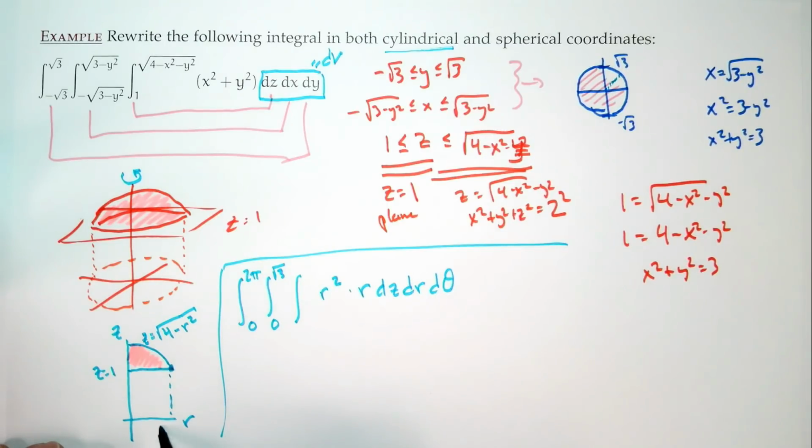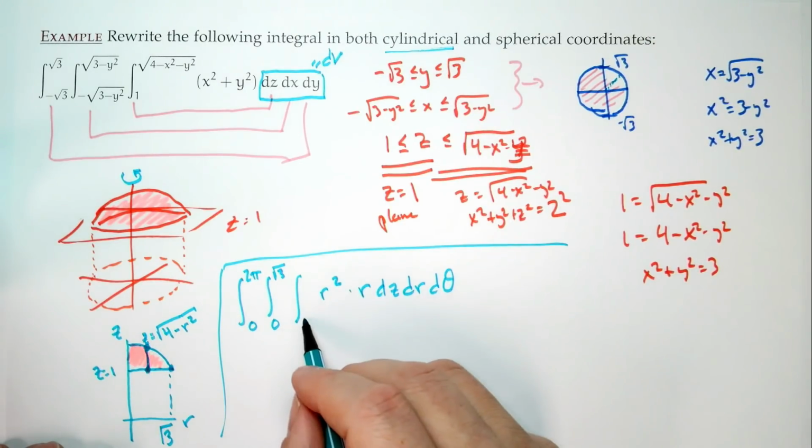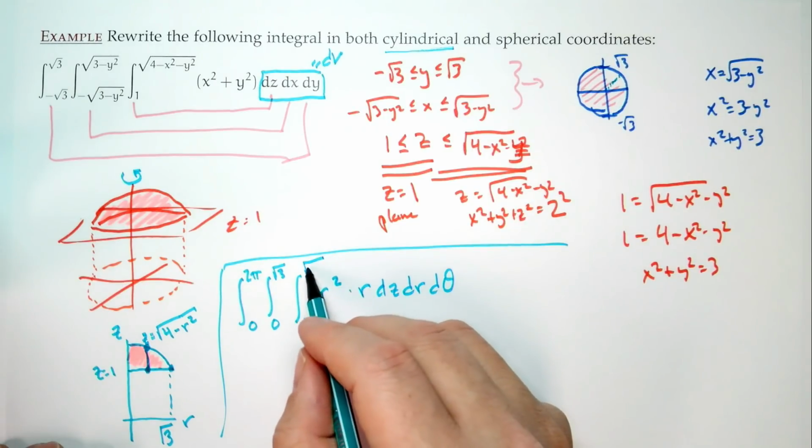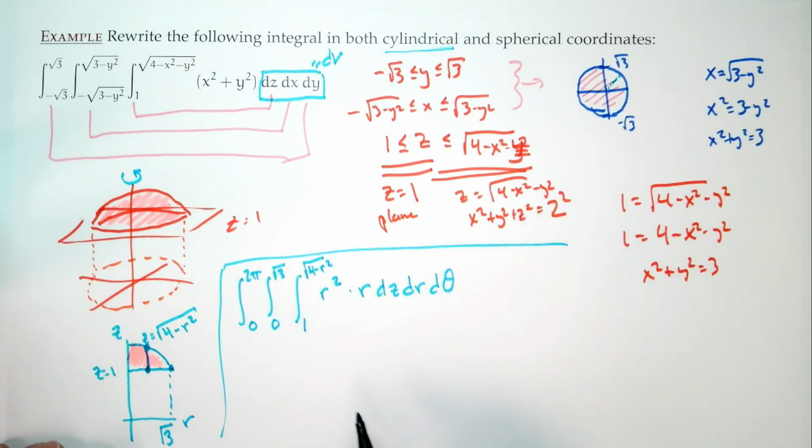So this is root 3 right here, so 0 to root 3. Now, where does z go from? z goes between these two curves, from 1 to the square root of 4 minus r squared. At this point we say, good, we're done. We've figured out what it looks like in cylindrical coordinates.